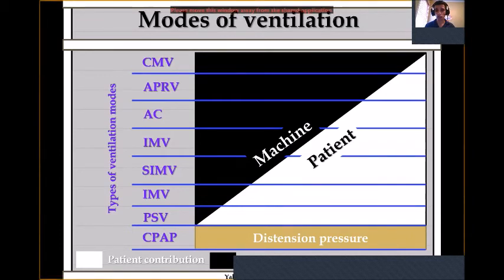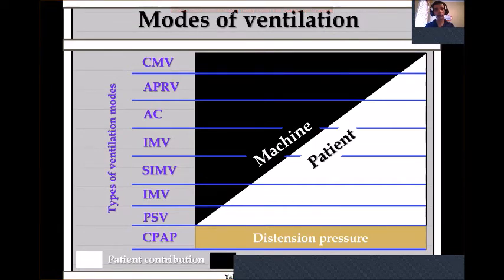SIMV is providing mandatory breaths only. The spontaneous is provided by the patient. There is no assist, but the mandatory is synchronized with the patient trying to breathe. Assisted control provides the control, the mandatory, and also helps the patient. That's why we call it assisted control.